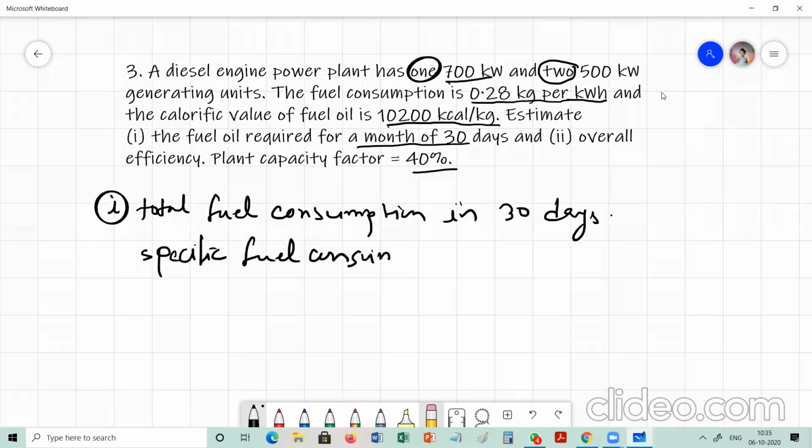Specific fuel consumption is equal to, they have given 0.28 kilogram per kWh. Okay, means what?